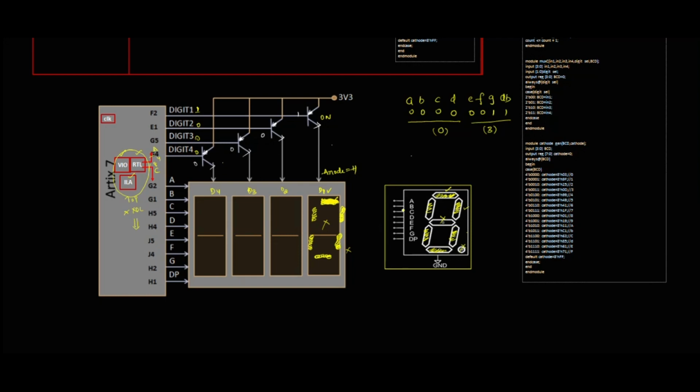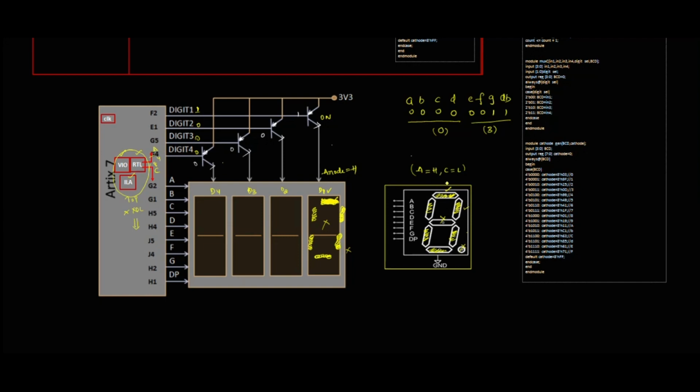As we know, the anode should be at a high potential and the cathode at a low potential. With anode high and cathode low, that particular diode comes into forward bias, so that we can see a turn-on case for the particular diode or segment.